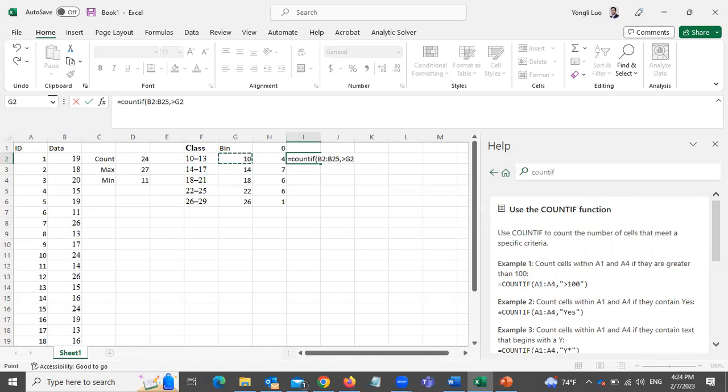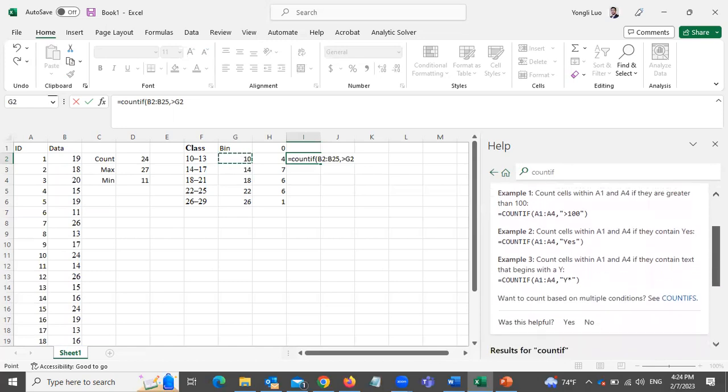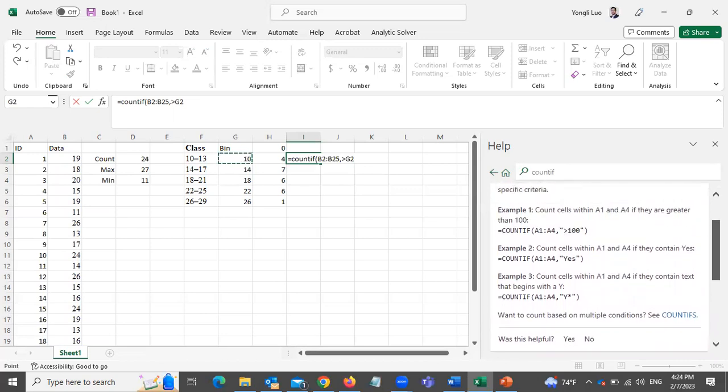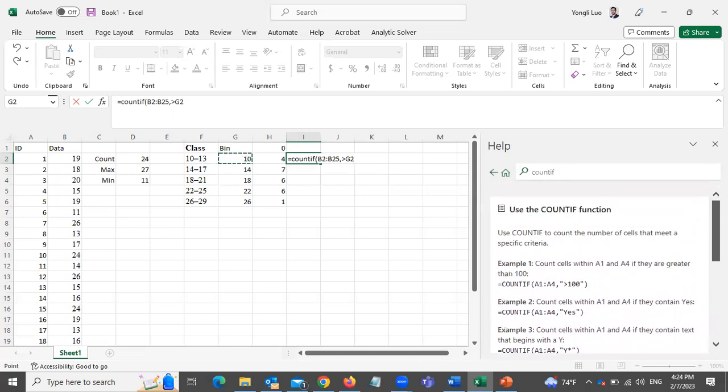They give you some examples of what the formula is. Is that okay, everybody? Then for the criterion, you need to put the quotation marks. Everybody good with this part?